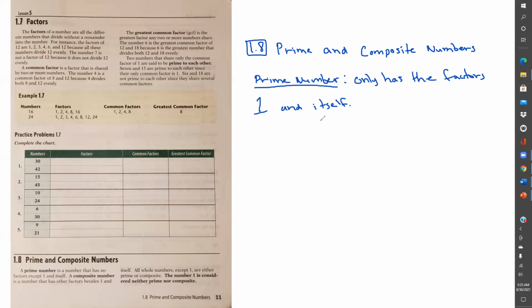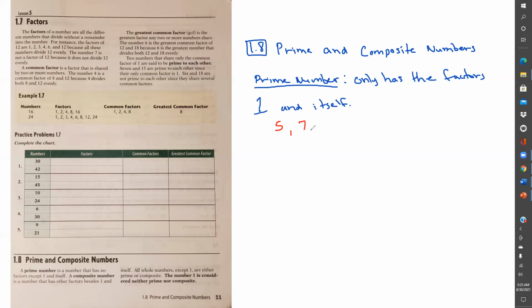All right. So example might be the number 5 is prime because the only numbers that multiply to give you 5 are 1 times 5. So again, 1 and the number itself. Some other prime numbers, there's the number 7.